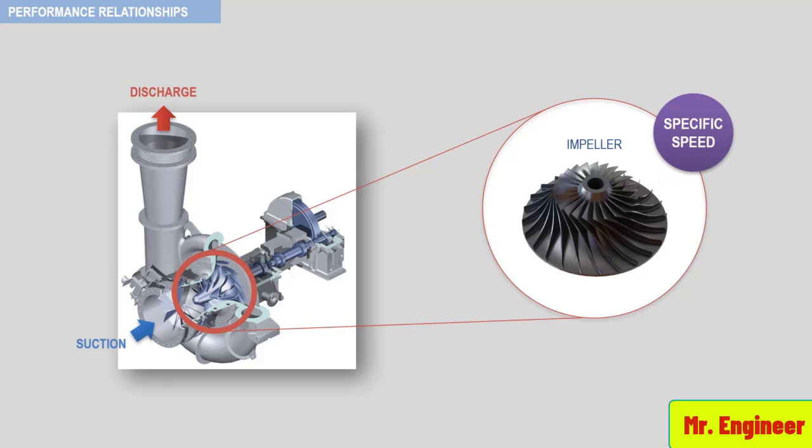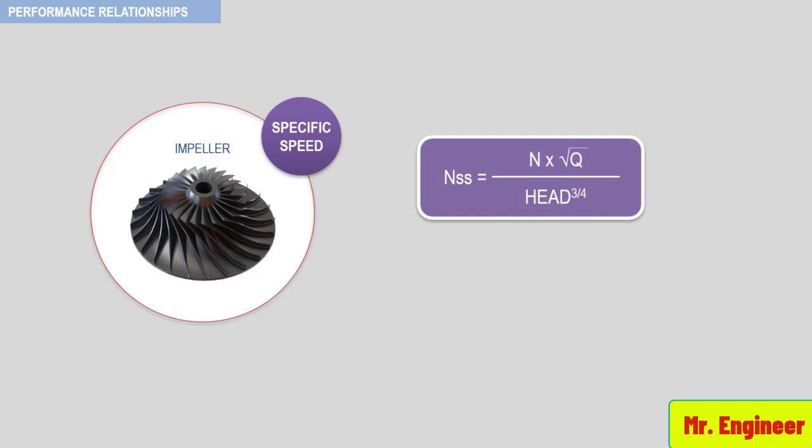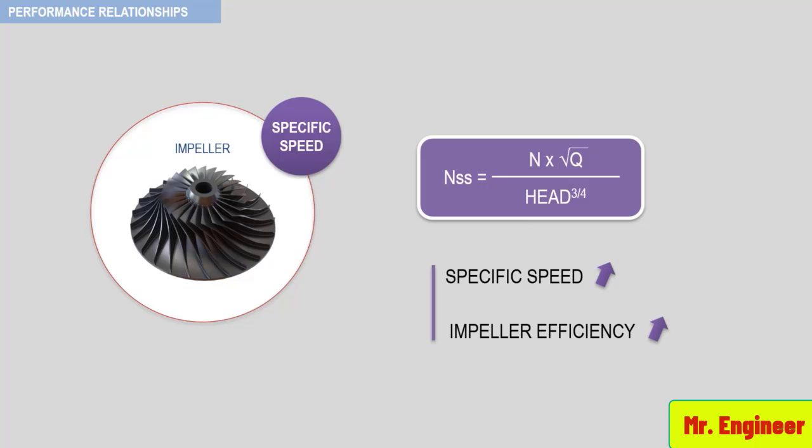Specific speed is defined as the ratio of speed times the square root of the actual flow divided by head raised to the 3/4 power, as depicted in the following equation. It can be seen that increasing values of specific speed will result in increasing impeller efficiencies. Therefore, having been given the required flow and head, the only source of obtaining higher specific speed for the vendor is to increase the compressor speed.